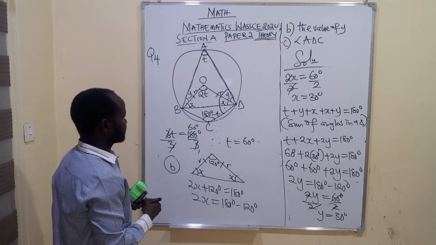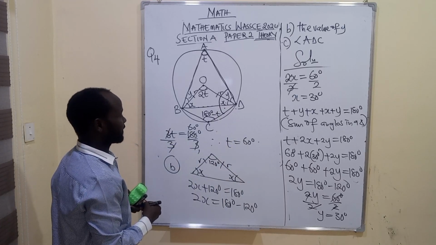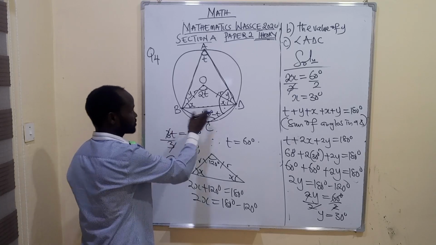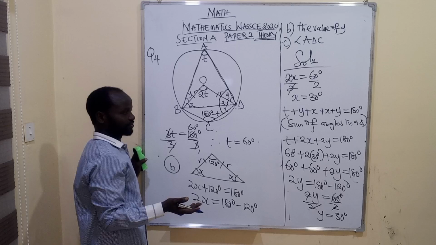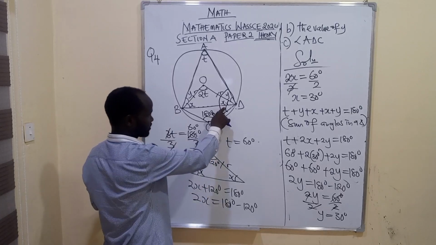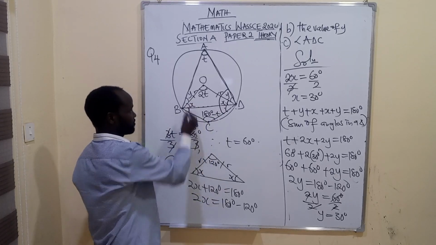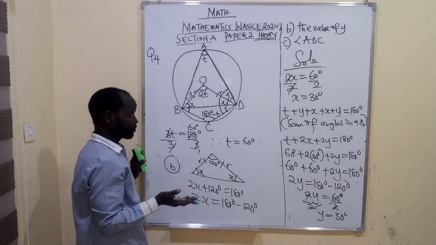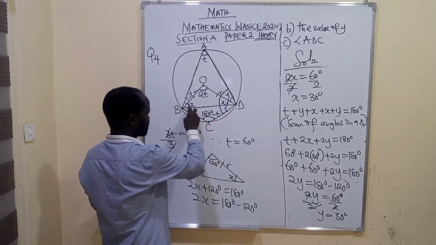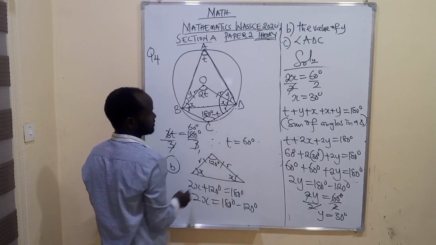As I said, opposite angles of a rhombus are equal. So if here is x, of course, here too will be 30 degrees. Because opposite angles are equal, if here is 30 degrees, here is 30, here will be 30 degrees, here will be 30 degrees.